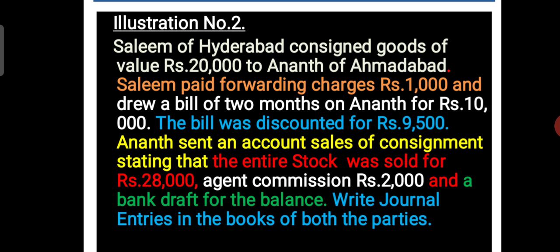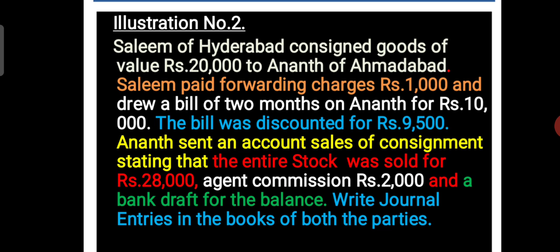So here he sold the entire stock for ₹28,000. Who here? The consignee. His commission is ₹2,000, and he didn't spend any money on consignment. So here there are no consignee expenses.